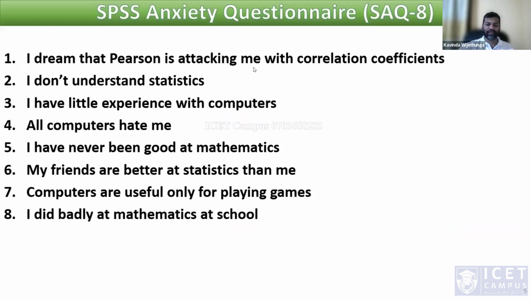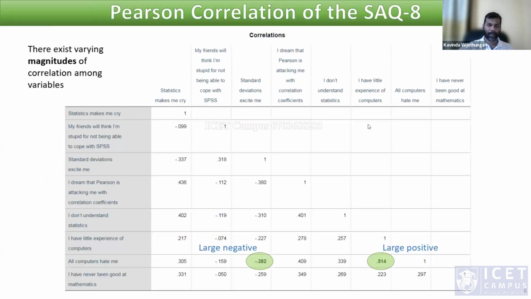Right. Well, first we can calculate this Pearson correlation for these statistics anxiety questions, SAQ 8. So we know how to calculate the correlations between the items.